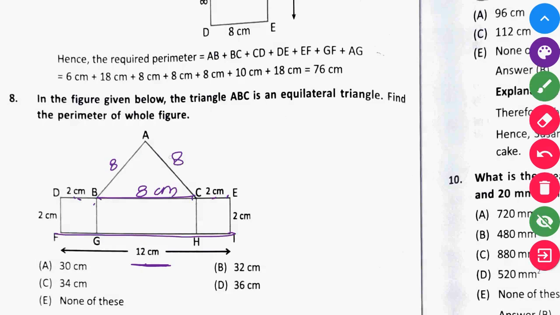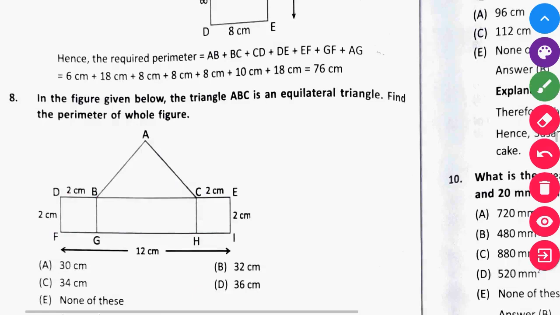So this is also 8, this is also 8, because it is an equilateral triangle. Now all the sides we have to add. 8 plus 2, 10, plus 2, 12, plus 12, 24, plus 2, 26, plus 2, 28, plus 2. That is 36 centimeter is the perimeter of the figure.